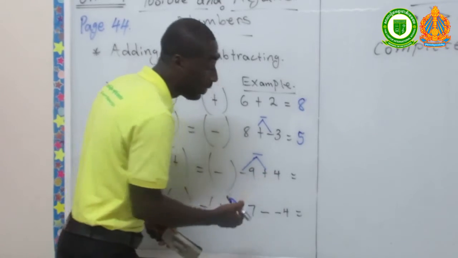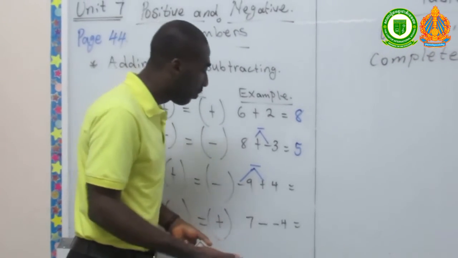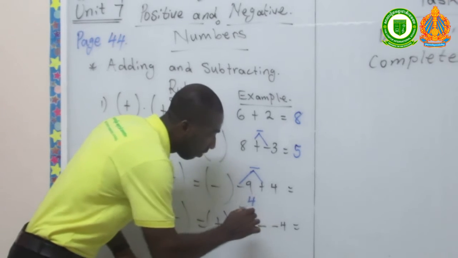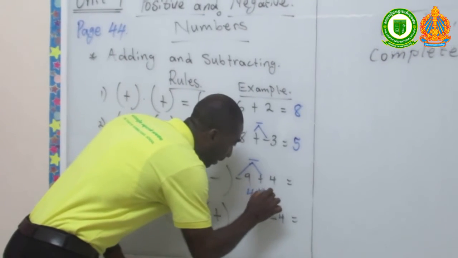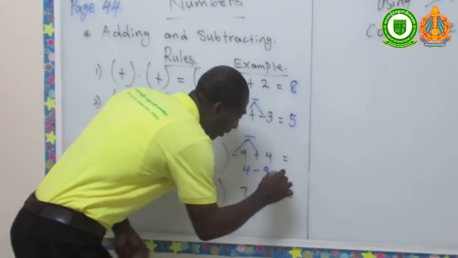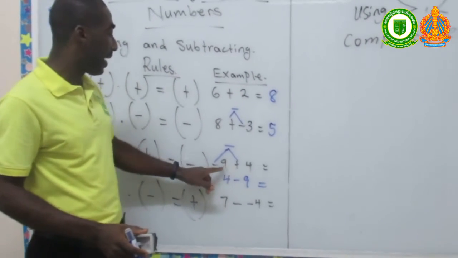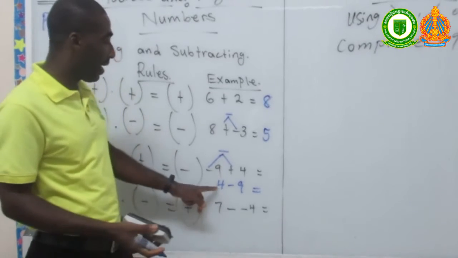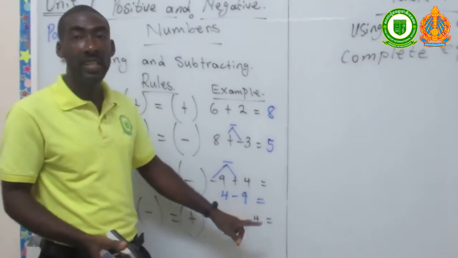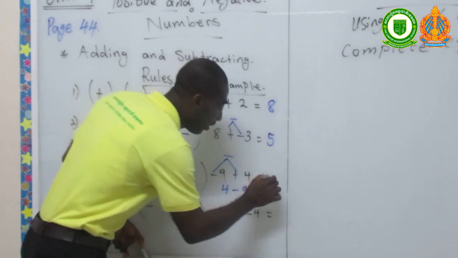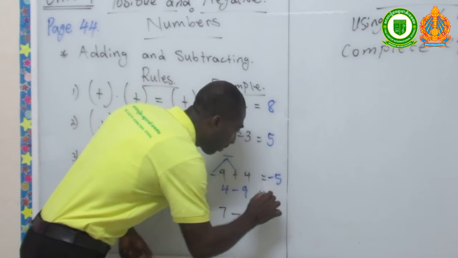So we'll have this equation as equal to having 4 minus 9. The same way, we can write that 4 plus 9 is the same as writing 4 minus 9. So our answer is going to be negative 5.